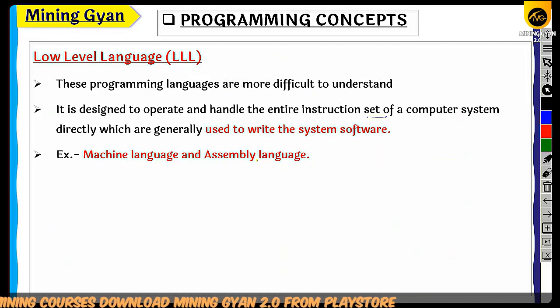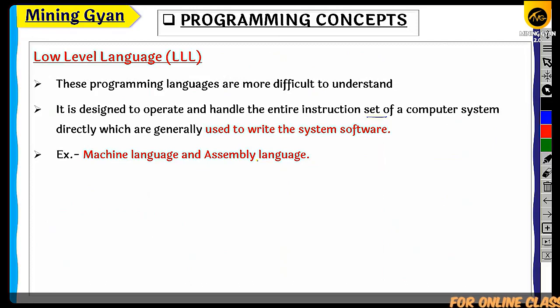But basically the most difficult part is learning these low level programming languages, because the instruction set used for low level languages is very difficult to understand or remember. So the problem is how to convert this entire set of instructions into a simplified version for the user or programmer.